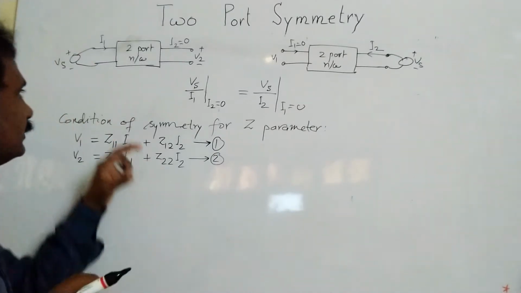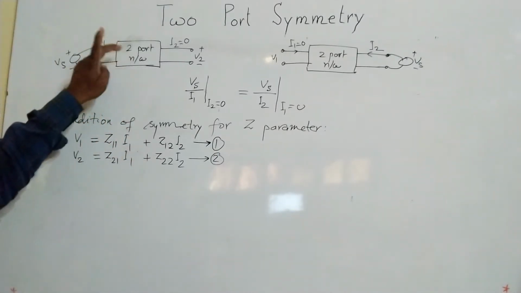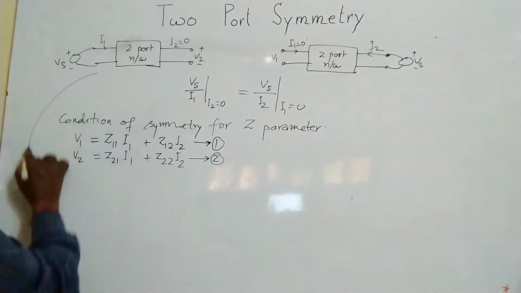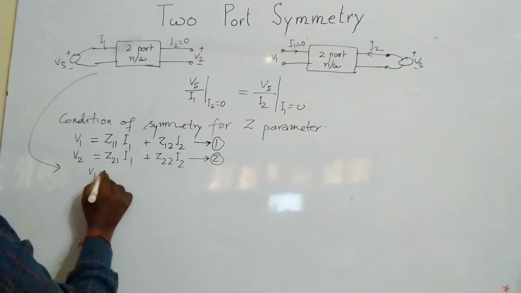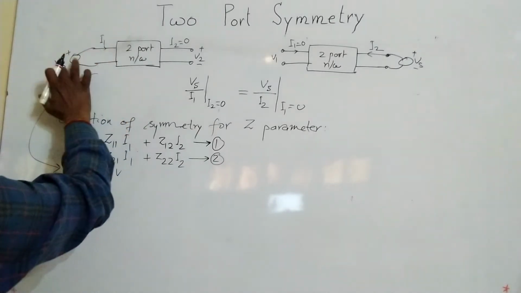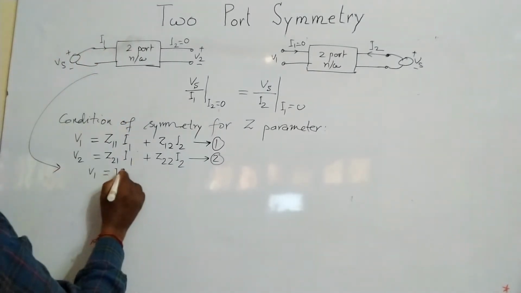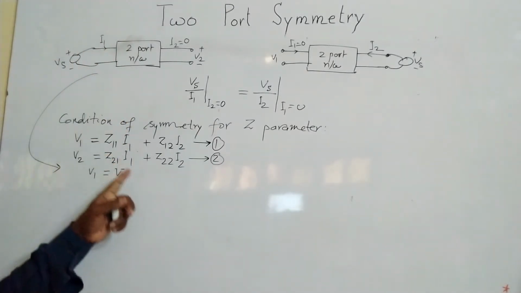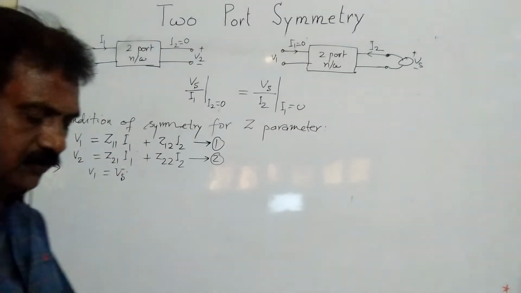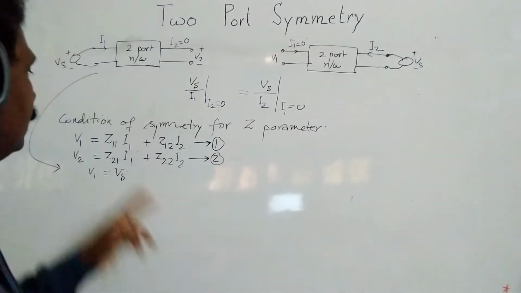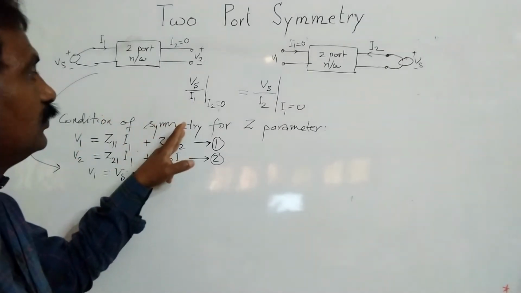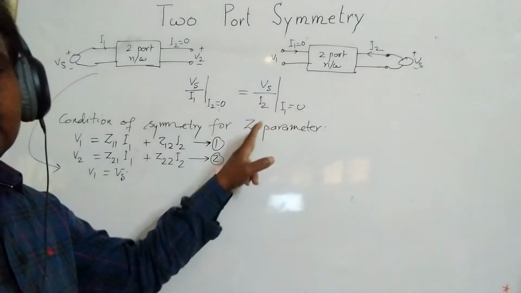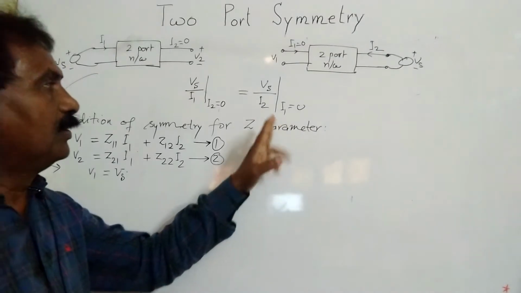Then let us see this case for this network. But we are taking here V1 equal to what? In place of V1 there is Vs. What we are going to do is find out the condition of two-port symmetry for Z parameter.